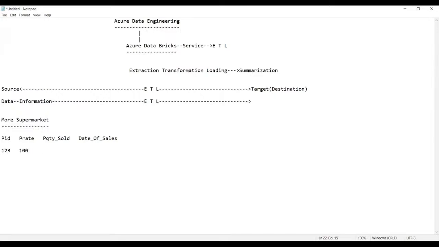The quantity sold is 10 pieces, and the date of sales is 28 11 2022. Then 1, 2, 3, 4, with a rate of 200, quantity sold 20, and date of sales 28 11 2022. Then 1, 2, 3, 5, rate 300, quantity sold 10, and date of sales 28 11 2022.